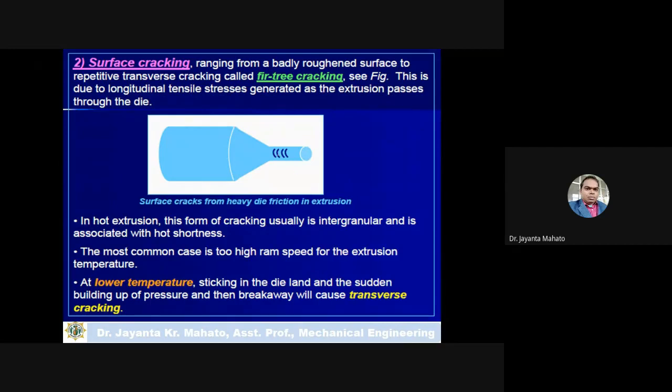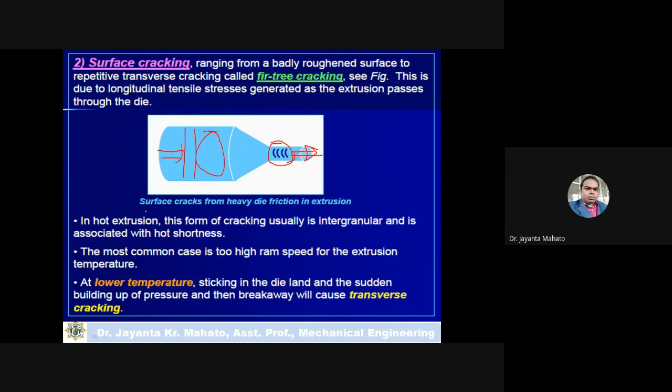Okay, so what happens? When you apply force here, then a compressive force will generate here, but after extrusion, some residual stress remains here as a tensile stress, and this stress can cause surface cracking.